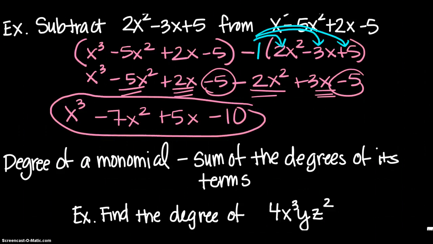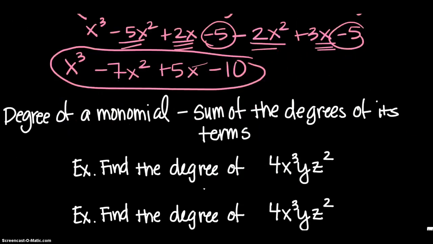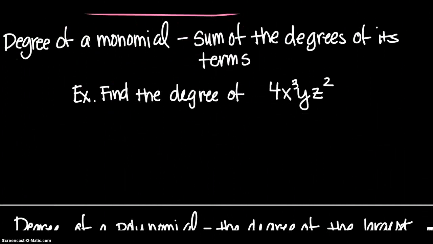Next, in this section it also talks about the degree of a monomial and a polynomial. The degree of a monomial is the sum of the degrees of its terms. So find the degree of this, for example. x cubed has a degree of 3. y has a degree of 1.